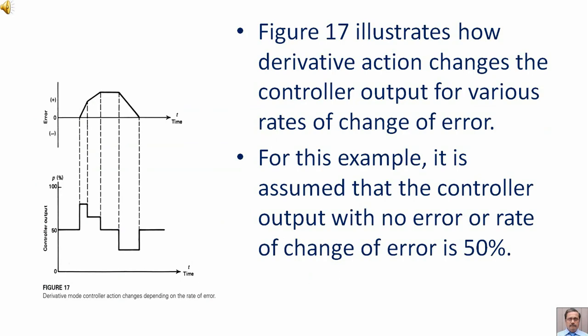Figure 17 illustrates how derivative action changes the controller output for various rates of change of error. For this example, it is assumed that the controller output with no error or rate of change of error is 50%.